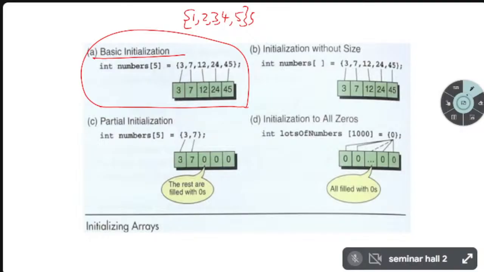Just note the first one, enough. int numbers[5]: array size is 5, and we are initializing all 5 values to the array. We are providing numbers between curly brackets, and at the end there is a semicolon.